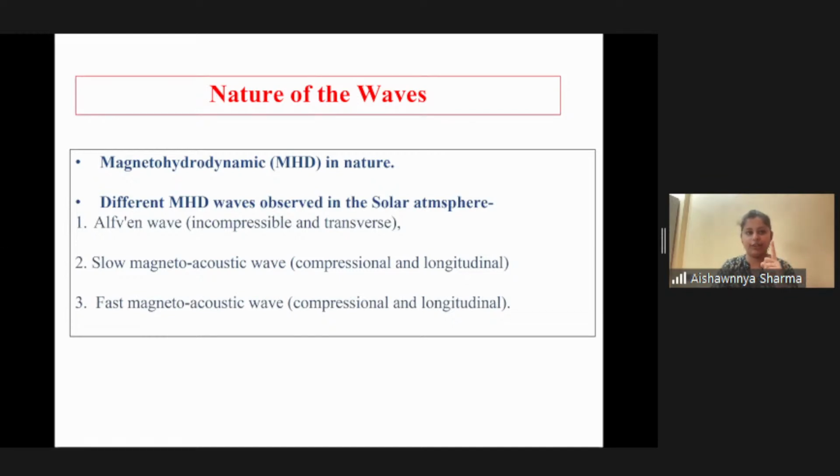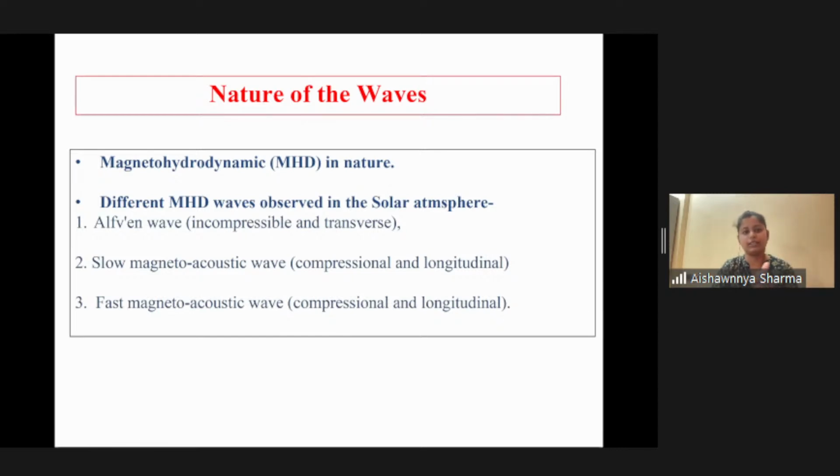One is the Alfvén wave mode, second is the slow magnetoacoustic waves, which I have shown, and finally comes the fast magnetoacoustic waves. Now, in my study, I have not considered the Alfvén and fast magnetoacoustic waves.